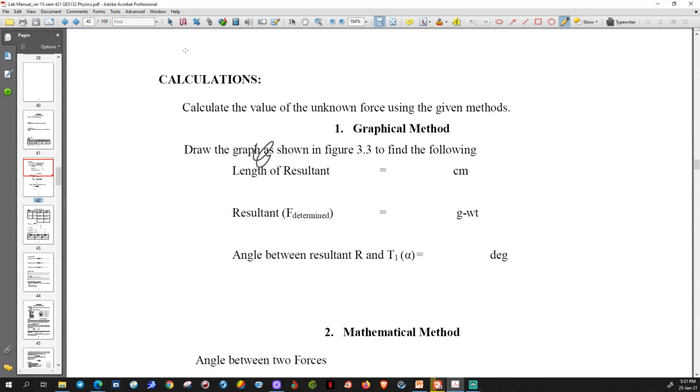There it is. 10.3 centi, 103 gram weight, and what's the angle between them? 47 degrees. That's how you will fill the information regarding the graphical method.